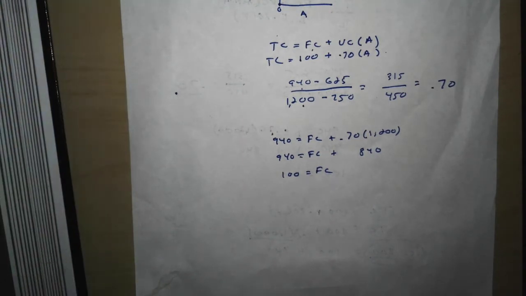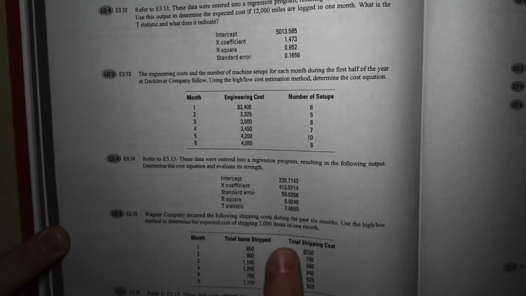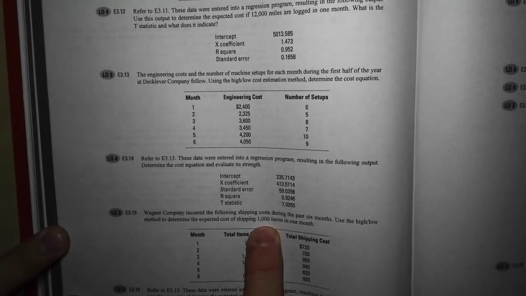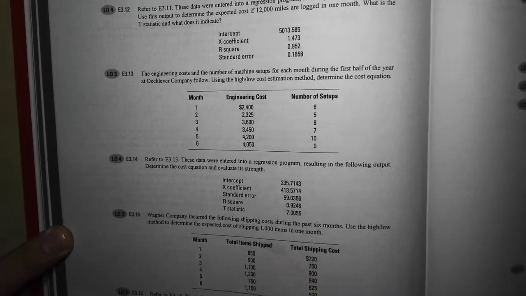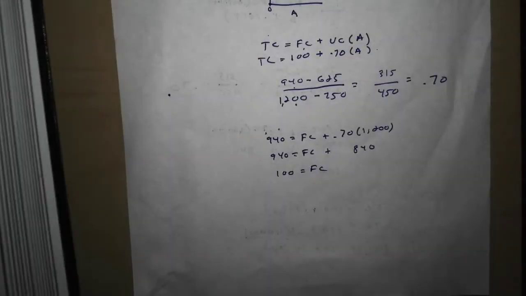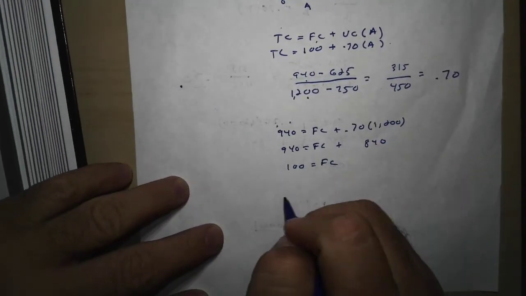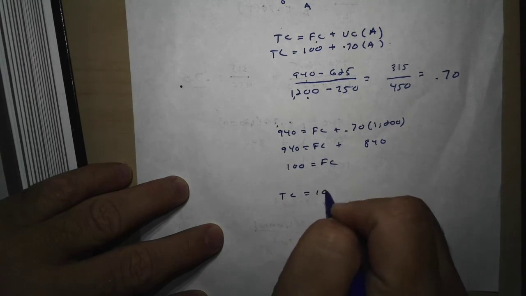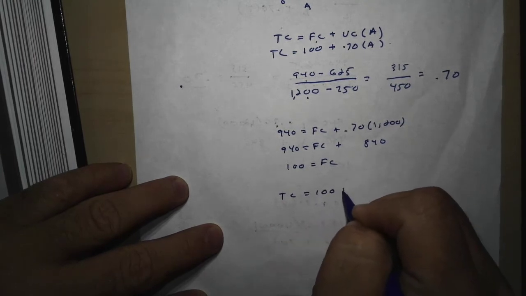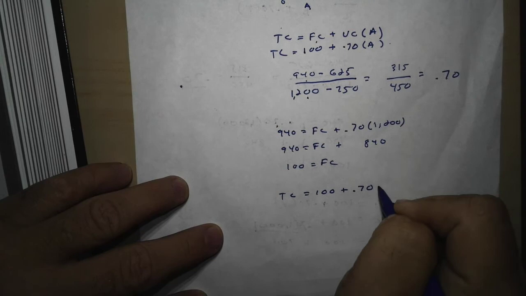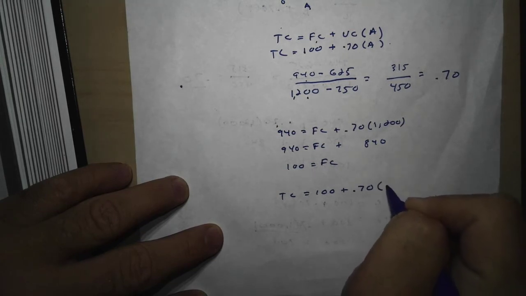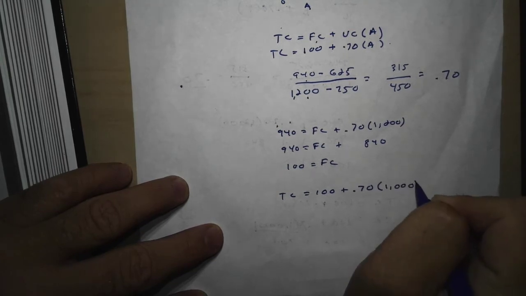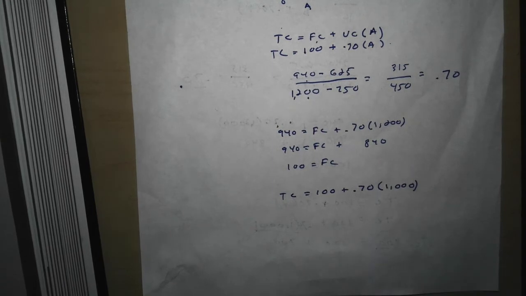So now what the problem in the book is asking us is this question. If we ship 1,000 units, what is the total cost? And now we have the formula set up to solve for that. So total cost is going to equal 100 fixed cost plus 0.70 times, they want to know 1,000 as the level of activity.